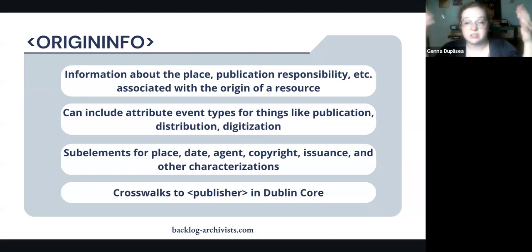So you can include lots of information about not just when the book was published, but when it was digitized or when a new edition came out. There are sub-elements for information like the place it was published, the date, the agent, copyright information, and other characterizations regarding the origin of a resource. Next slide, please.